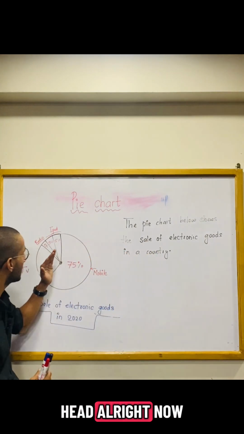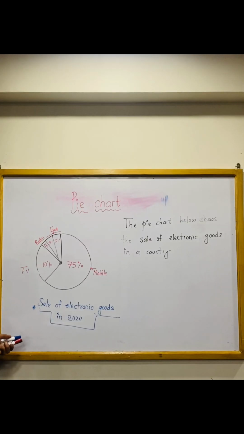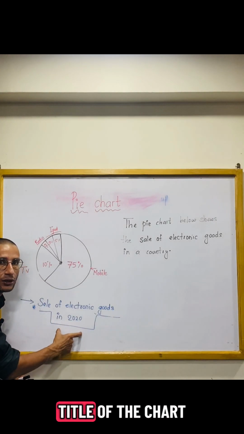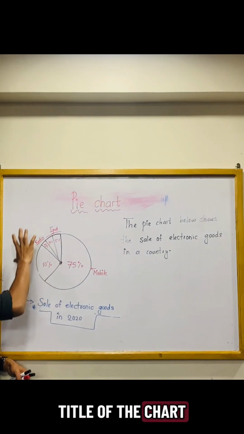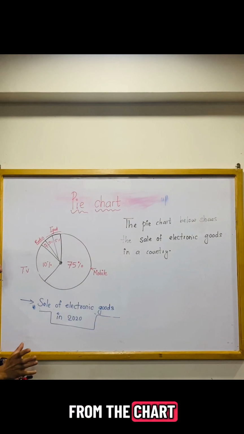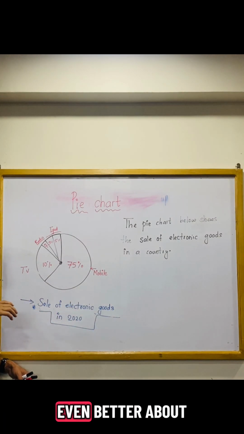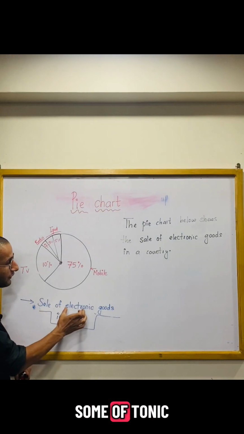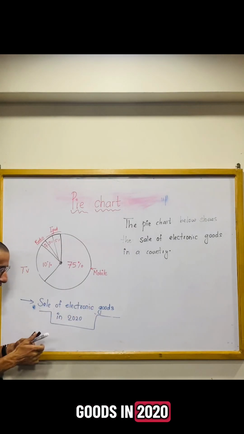The second is read the title. Please, please, please do not ignore the title of the chart. From the chart, you will understand even better, for example, sale of electronic goods in 2020.